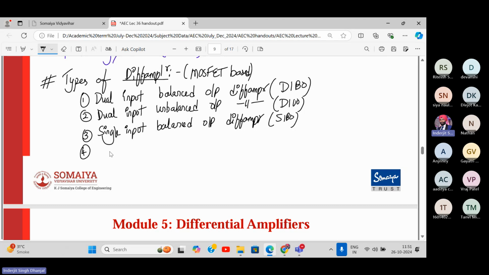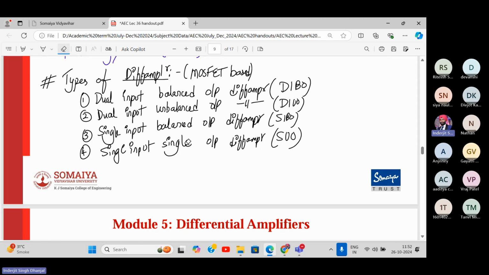And the last one is single input, single ended, single output differential amplifier, so single input unbalanced output differential amplifier, SIUO.